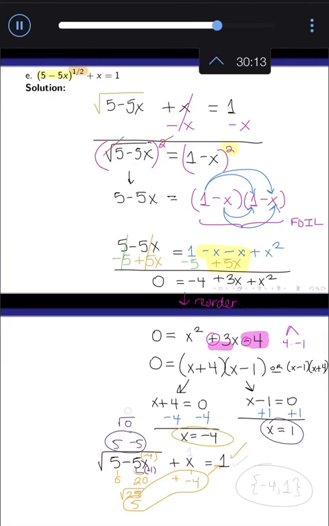Square root of 0 is 0. And what we're plugging in for x was a 1, so we'll get 0 plus 1, which is equal to 1. That will work. So we did get two solutions, and both of them do work. So we get the answers negative 4 and positive 1, both of which work. So those are our two solutions.